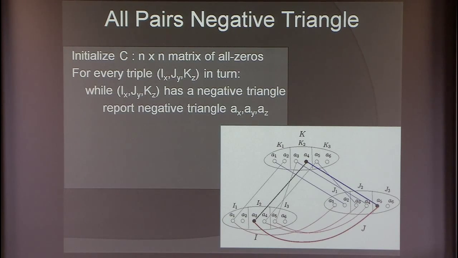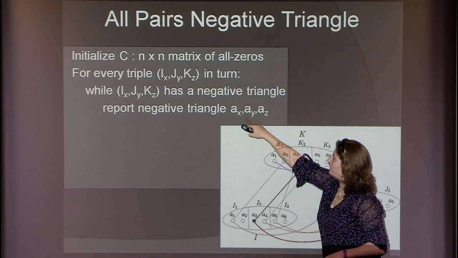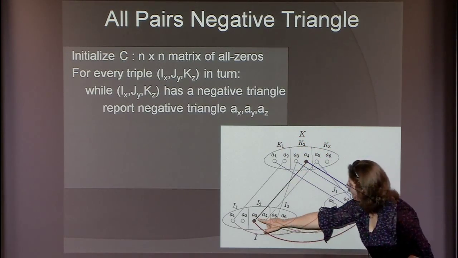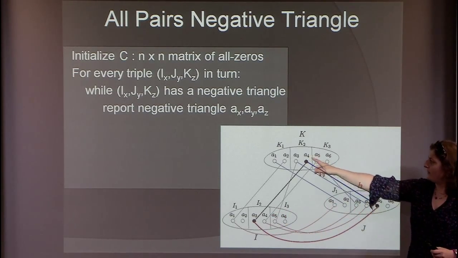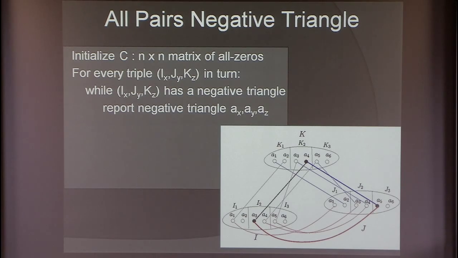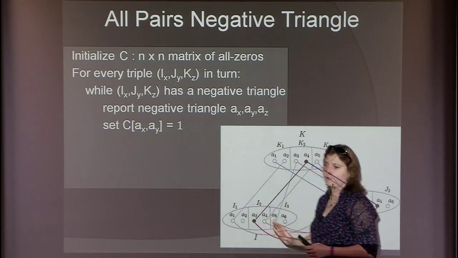Finding, you can actually do with the detection algorithm with self-reducibility. It's not too hard to show. So you find some negative triangles. So this will be some a_x and a_y in pieces I and J, and then with some K over here. And then we just record in the output matrix that we found a negative triangle there.